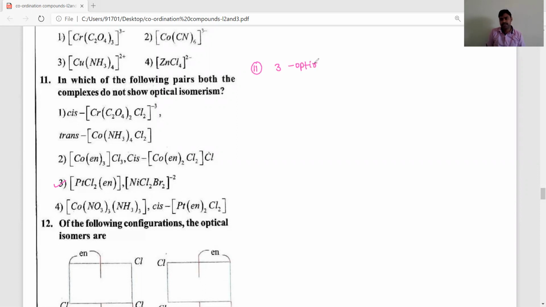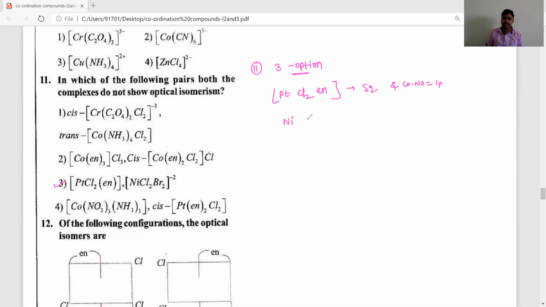Why is it correct? Because Pt(en)Cl2, with ethylene diamine, is a square planar complex with coordination number 4. Square planar complexes with coordination number 4 do not show optical isomerism.